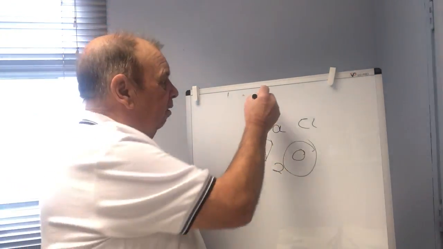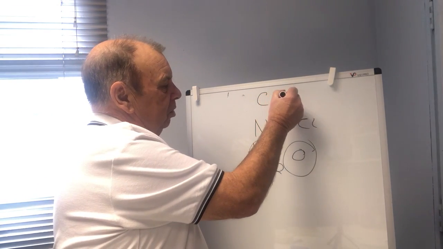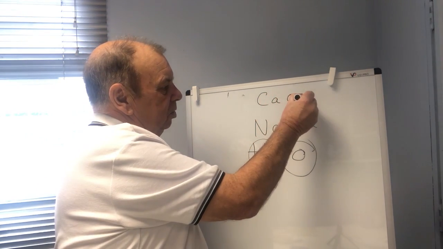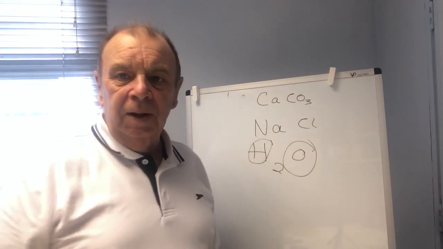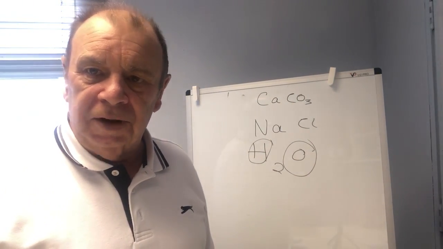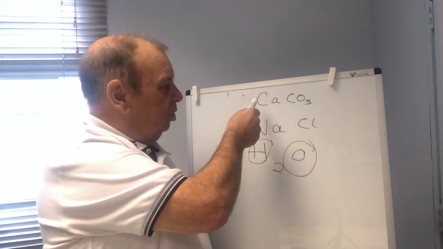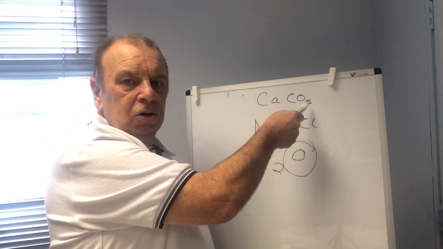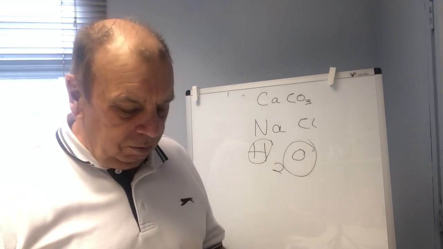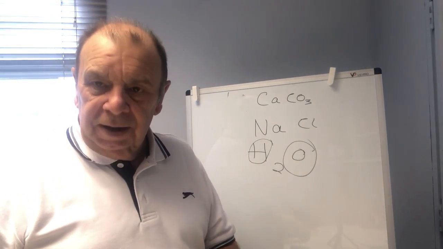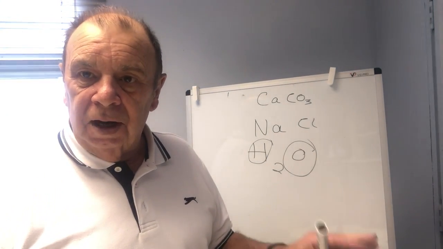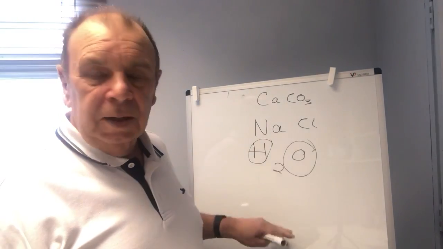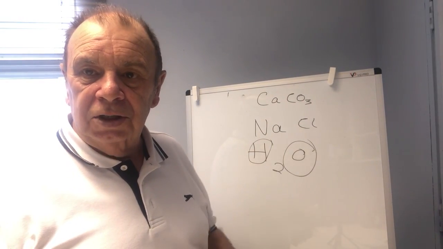Let's look at a final one, calcium carbonate, CaCO3. It contains three types of atoms: calcium, Ca, carbon, C, and oxygen, O.